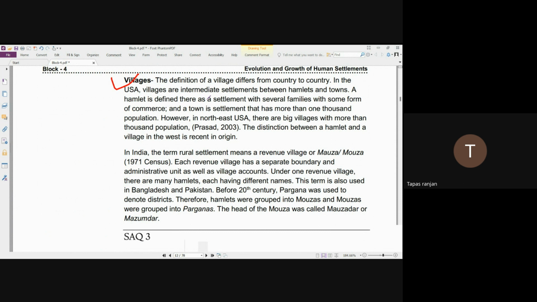Based on the population size, they even decide the urban places or urban centers. So the human settlement will change based on the population size and the functions it is performing, but mostly defining the village or the rural settlement is something different. So my point is it may vary from country to country or from place to place.